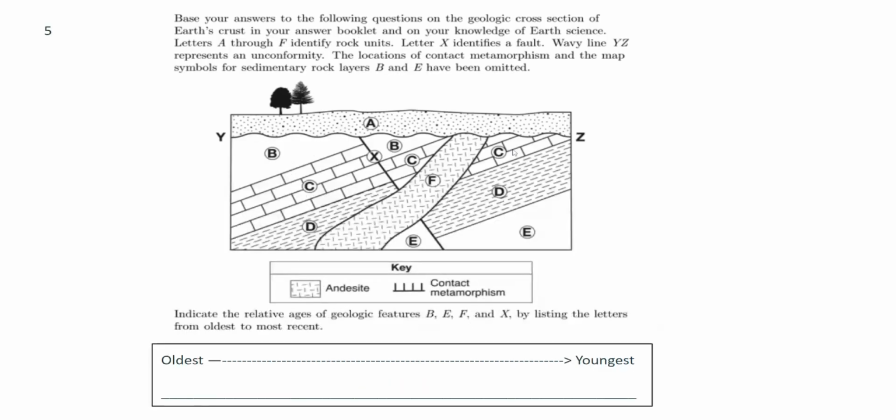That's all. So the answer to number 5 is E is the oldest and F is the youngest: E, B, X, F. How? Let's do this in chronological order. E must have been deposited first as a sedimentary rock layer, and then D must have deposited, and then C, and then B, and then F looks like an igneous intrusion.